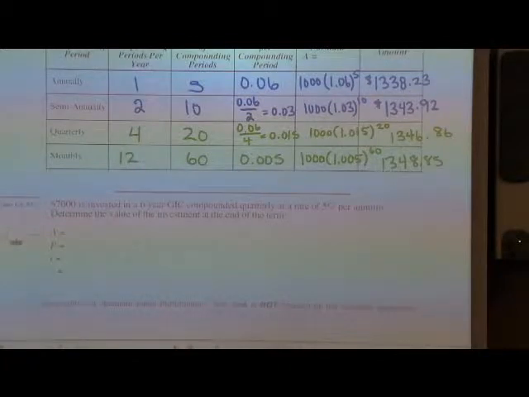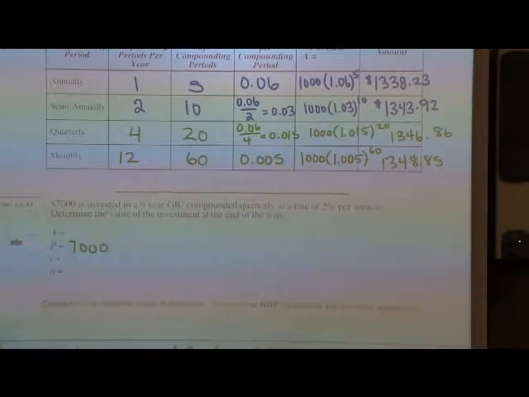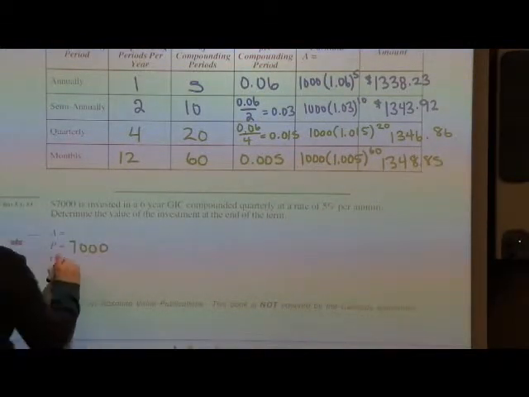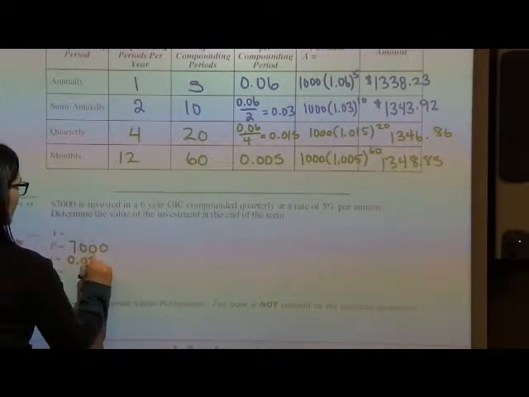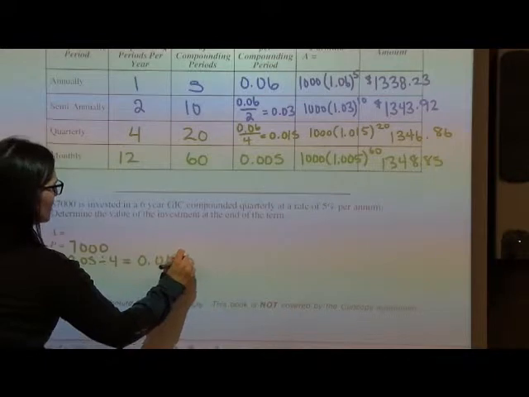What pieces of information do I know so far? P is 7,000. i is 5% divided by 4, which is 0.0125.